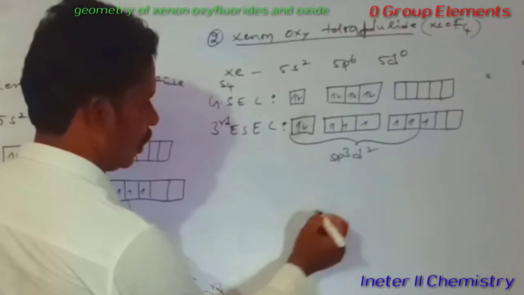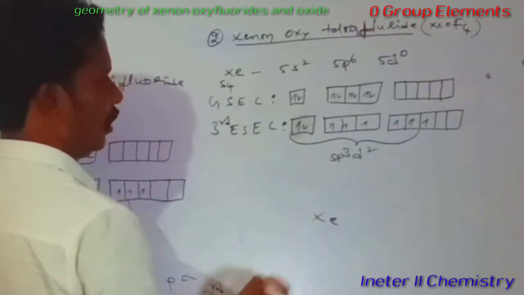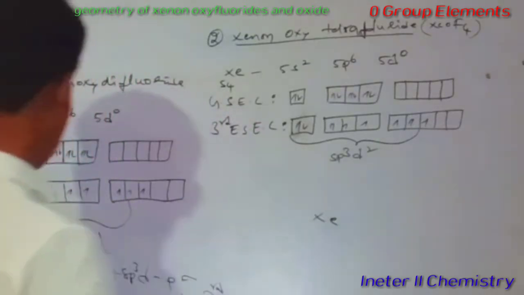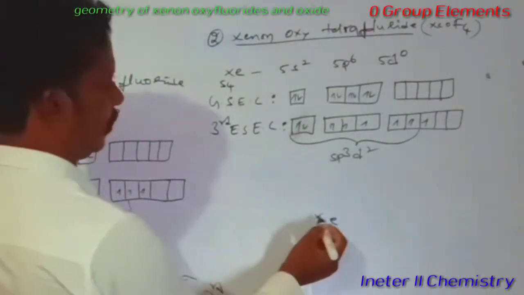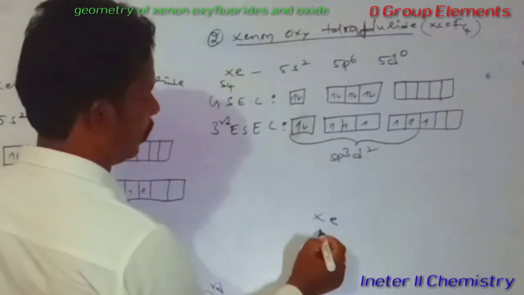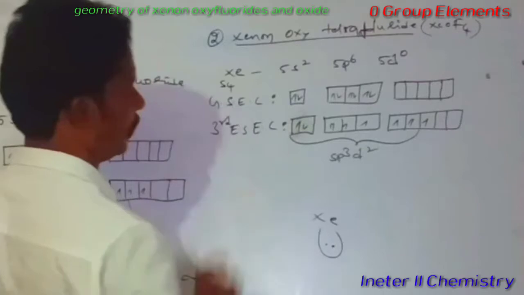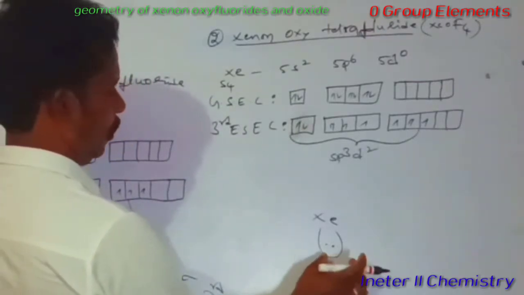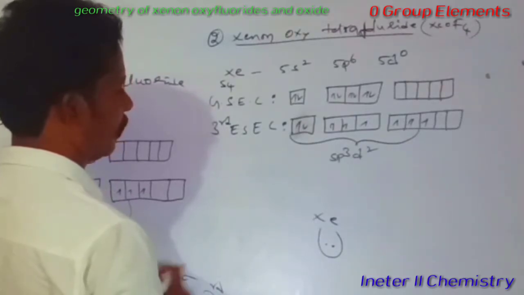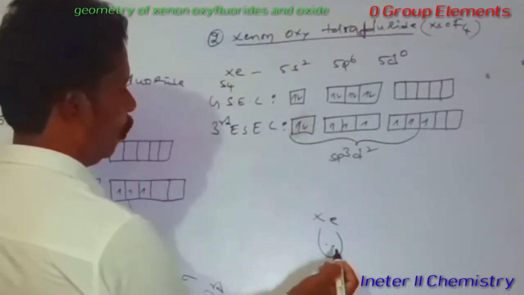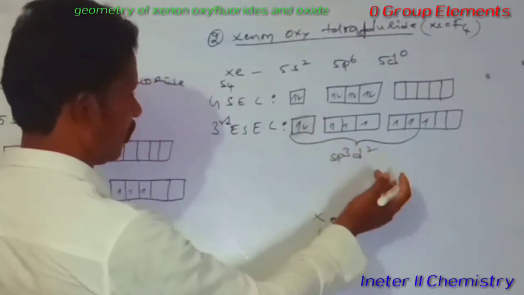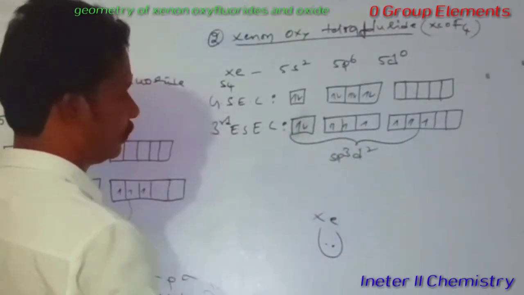Okay, so next I am writing here the unpaired electrons and the geometry. So this is the lone pair of electrons of an sp3d2 orbital, meaning here one sp3d2 orbital contains the lone pair.